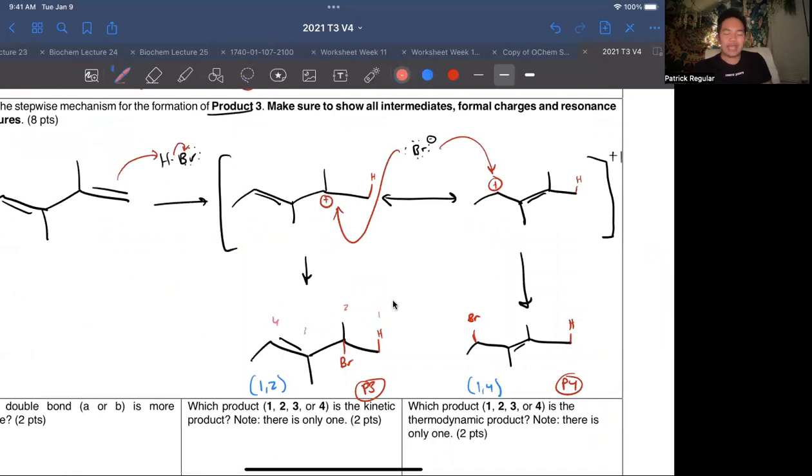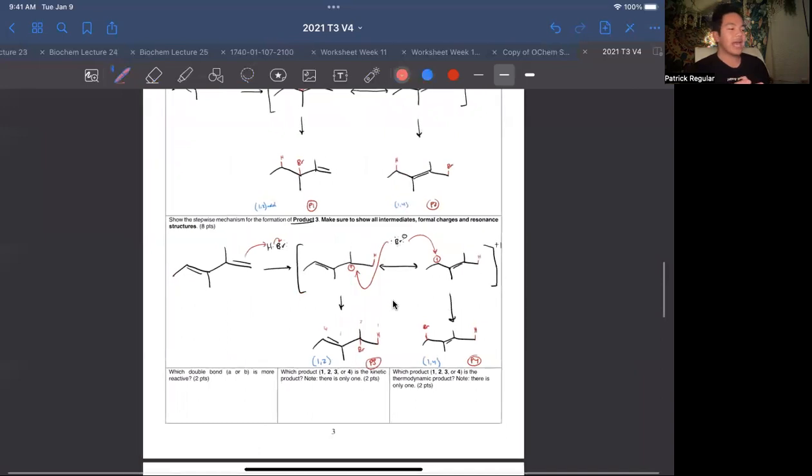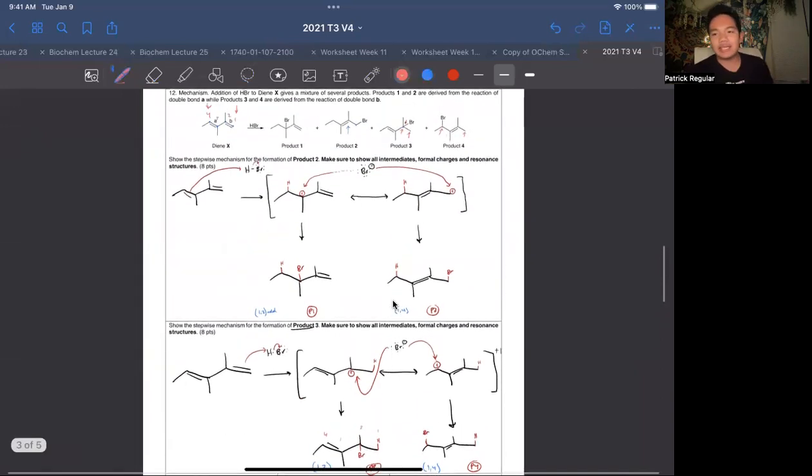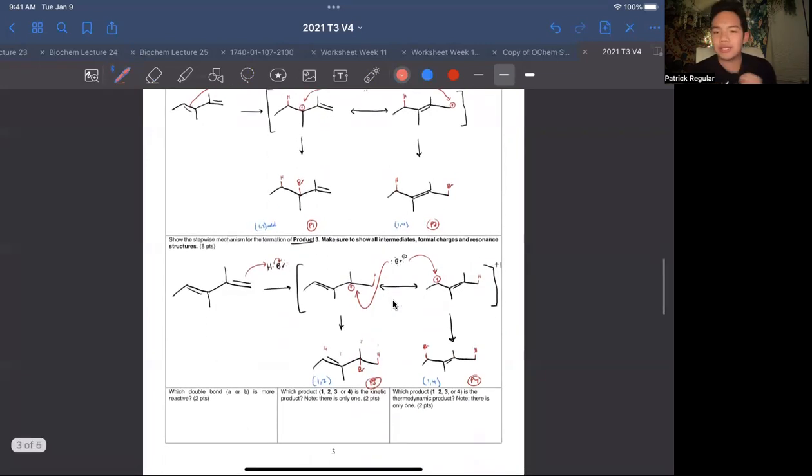Now let's start analyzing what just happened. We identified how this conjugated diene, the diene X, is able to form 4 different products. Each alkene can form 2 products. So alkene A forms 2 products, its own 1,2 addition, and its 1,4 addition is when that other alkene conjugates over and delocalizes and sends that positive charge over there, and vice versa.